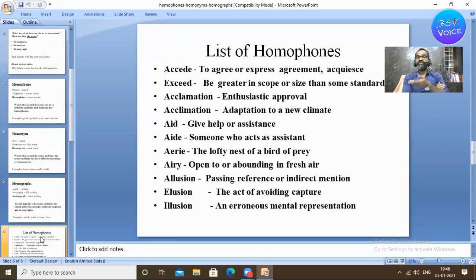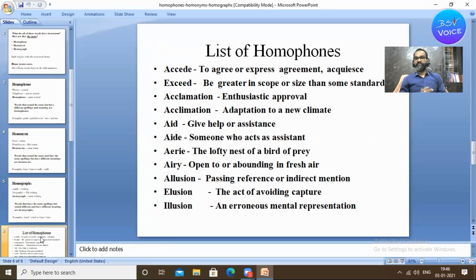Acclamation is enthusiastic approval. At the same time, aid: teaching aids, or aid from the government given to poor people. Aid means to give help or assistance.